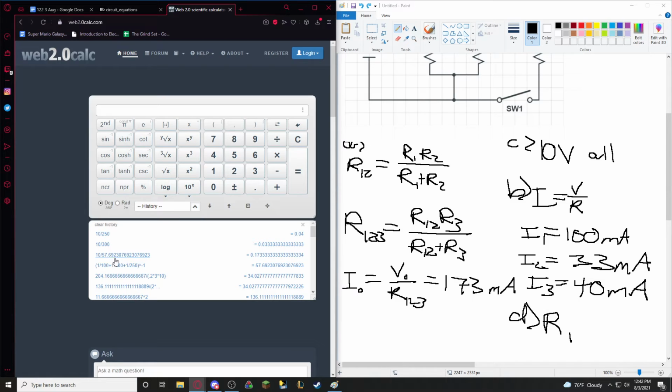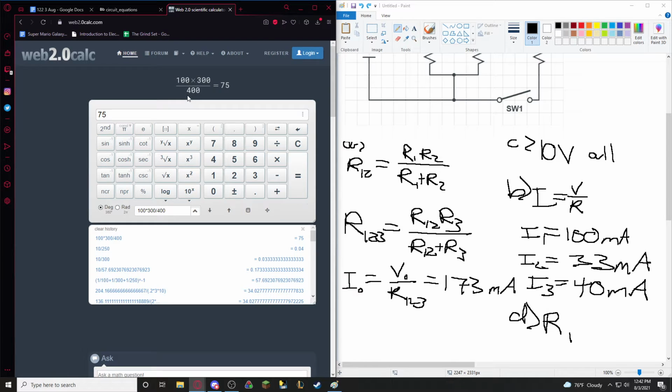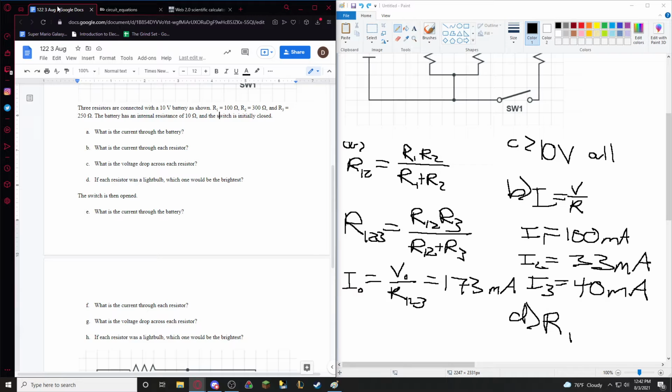Like we calculated earlier, R123 was about 57.9 ohms, and then R12 would be about 75 ohms. So it's actually a greater resistance than R123. Something to think about.